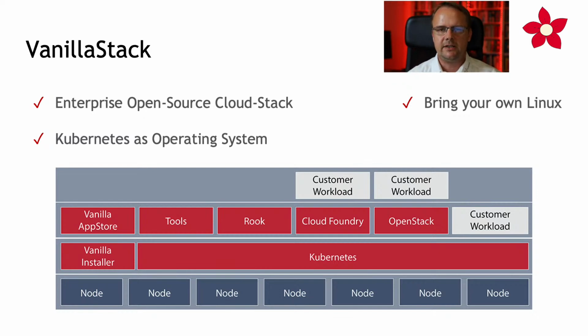That is done by Kubernetes, so we do not need to care about that on a Linux level anymore. To us, Linux is a little bit like a driver on traditional operating systems.